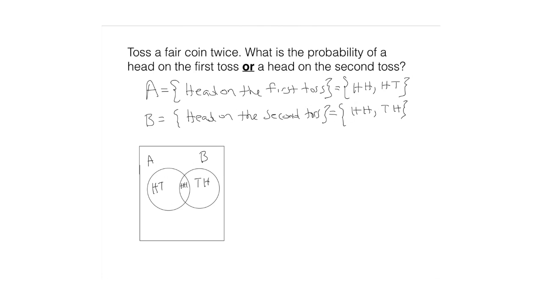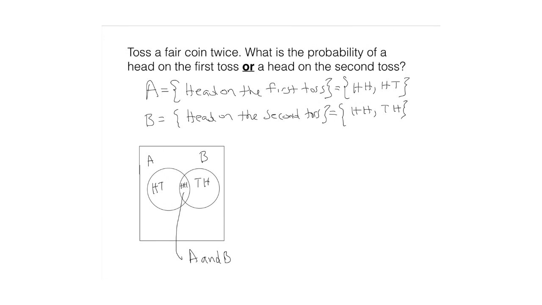And you can see I've put the 2 heads in a row in the overlap of A and B, and that overlap of A and B is called the event A and B, because both A and B occur simultaneously. In other words, a head on the first toss and a head on the second toss.